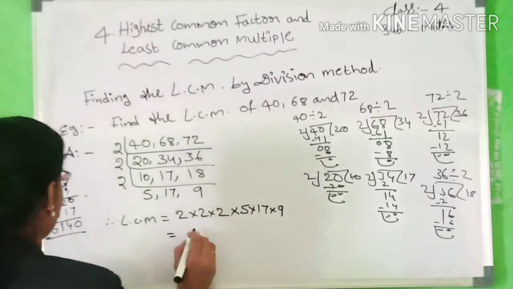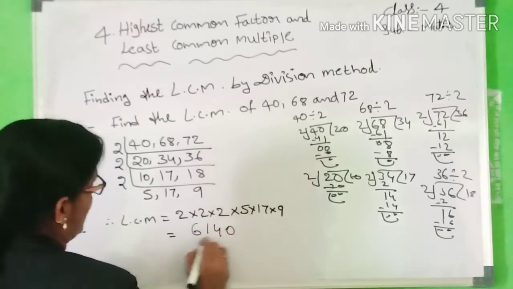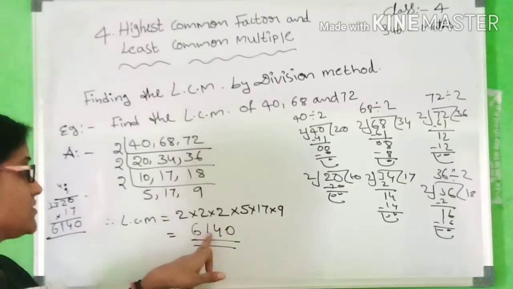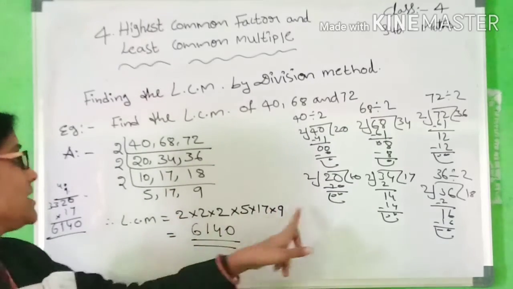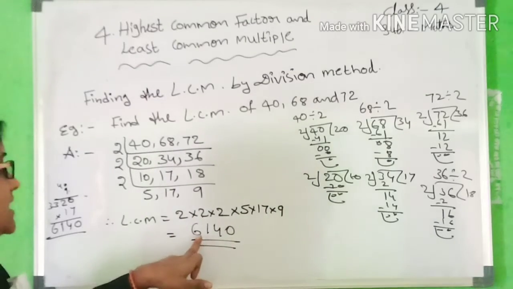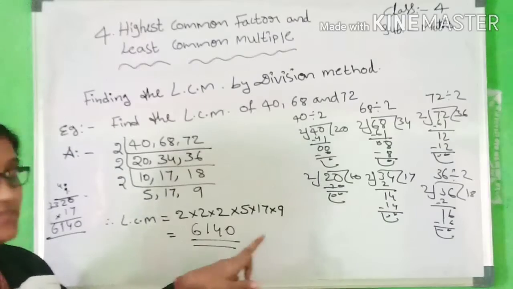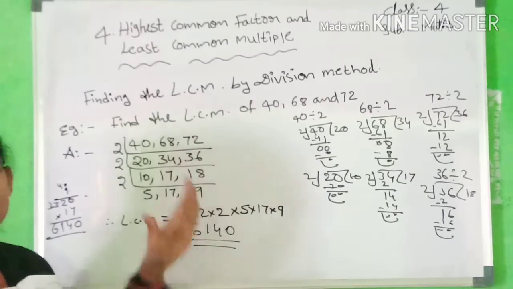Now what is the answer? 6120. First you multiply these numbers. Now, after doing the multiplication, what is the answer? We will get 6120. Okay children, note this one.